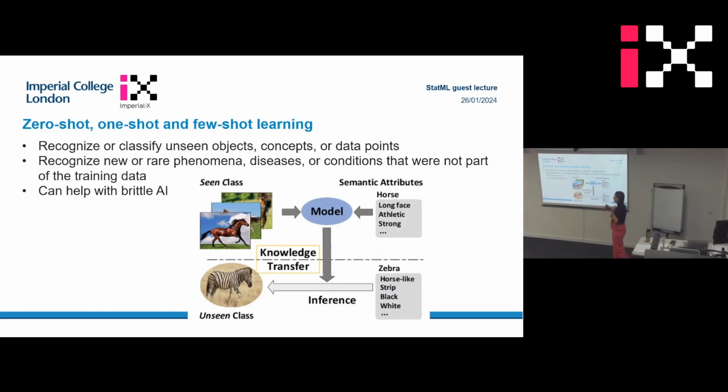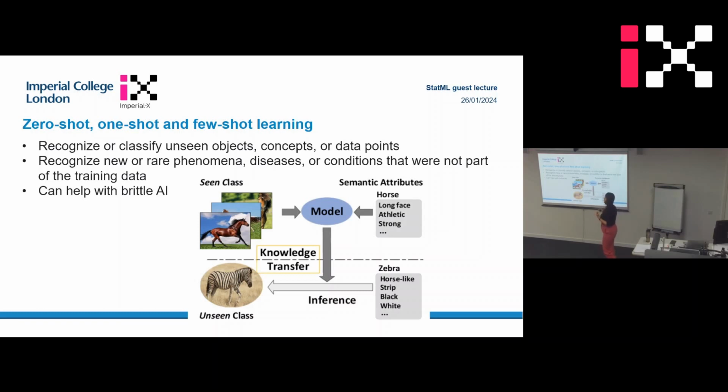Few-shot would be in between zero-shot and traditional supervised learning. They're especially interesting for neuroscience and biomedical applications in general, because they can help you recognize new or rare phenomena or conditions that were not part of the training data, which is often the case with biomedical stuff.